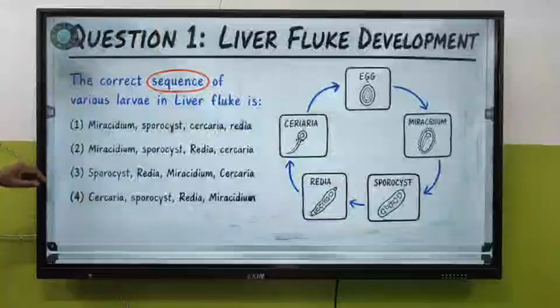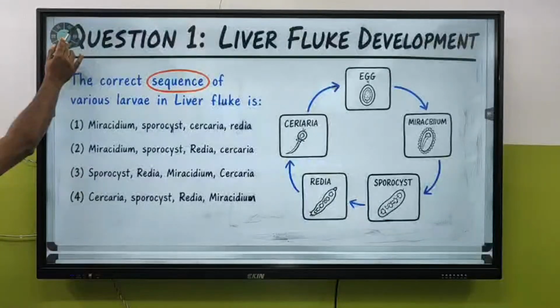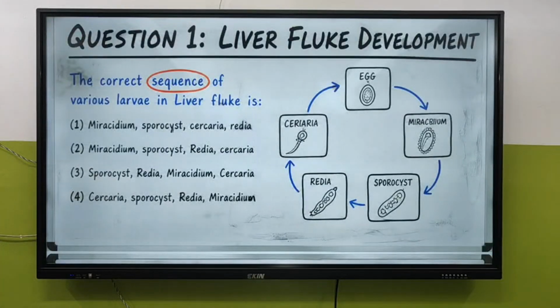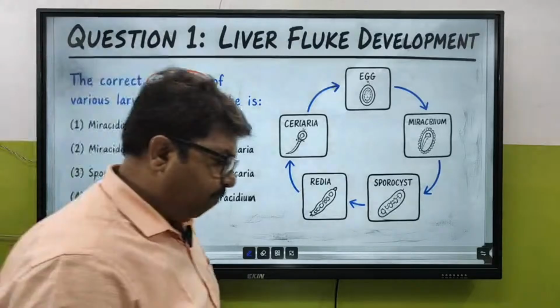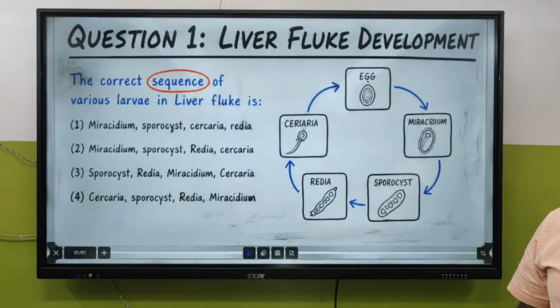First question. The correct sequence of various larvae in liver fluke.